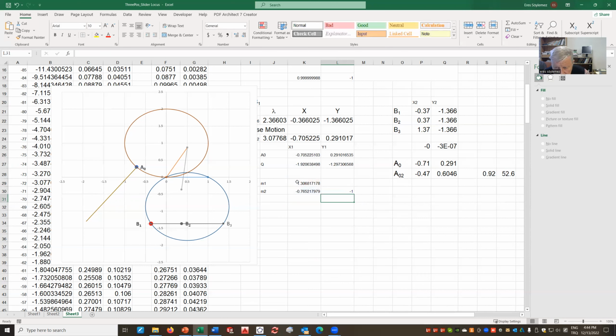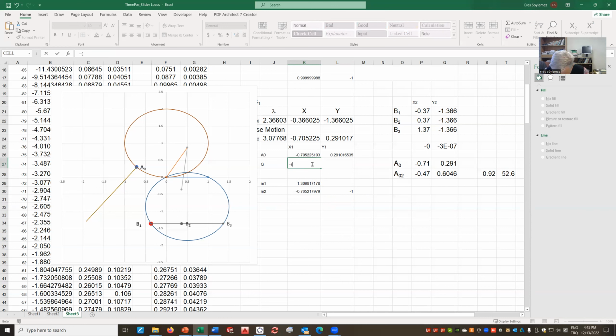Okay, that's minus 1. So the x coordinate of Q that I'm looking for is equal to, that's the point Q, x coordinate.